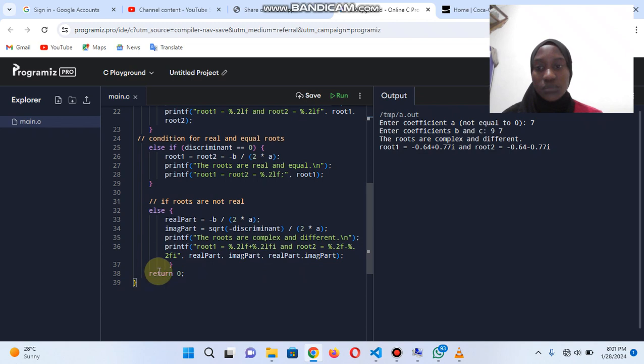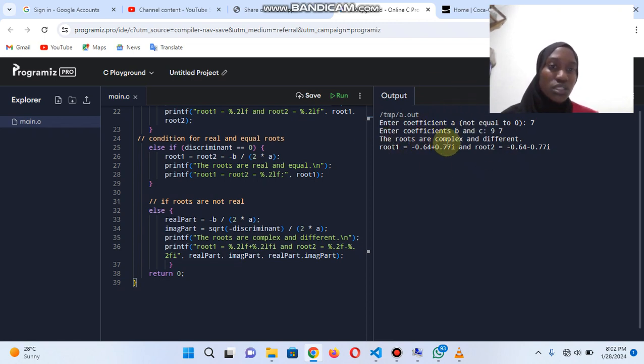Well, that's the equation. We return 0 to show that the program is done. That's it. If you try to run it, it's going to show enter coefficient A not equal to 0, so you enter 7, and for coefficients B and C, you enter 9 and 7. This is just my example.